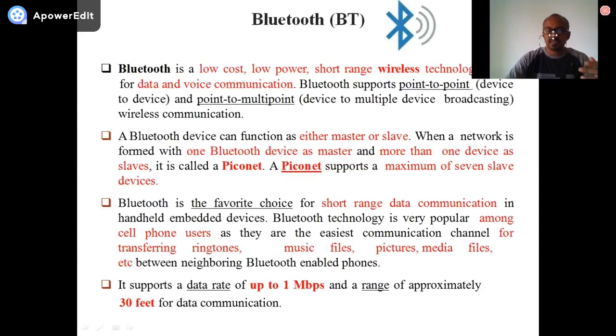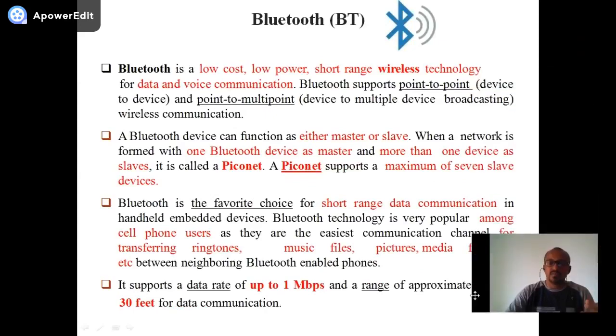That is what I explained. The next one in the list is Bluetooth. Nowadays most of us use ShareIt or any other equivalent software to transfer data from mobile to PC, PC to mobile, or mobile to mobile, with much more speed.